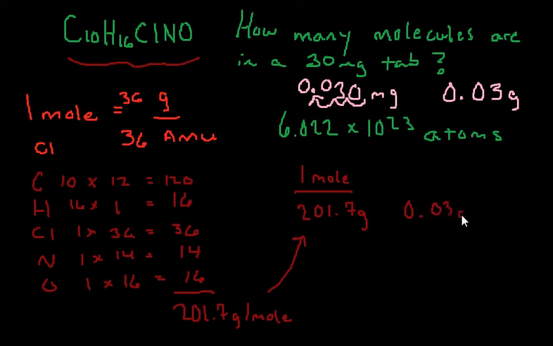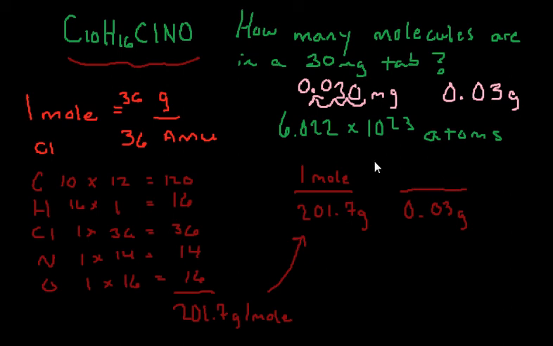Okay, so 0.03 grams, because that's how many grams or milligrams of this molecule we want, right? Because we know that this many grams equals 1 mole. So this many grams equals how many moles? Well, let's calculate that out.